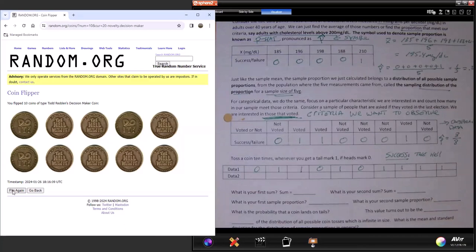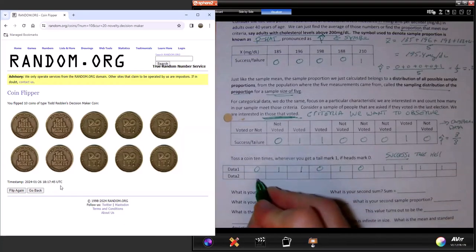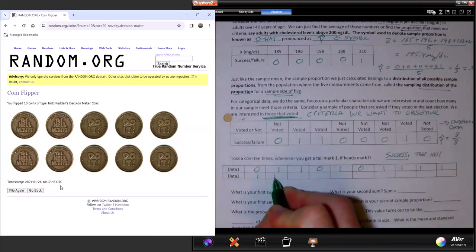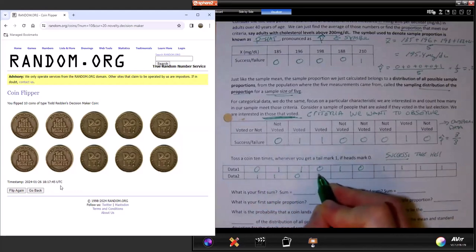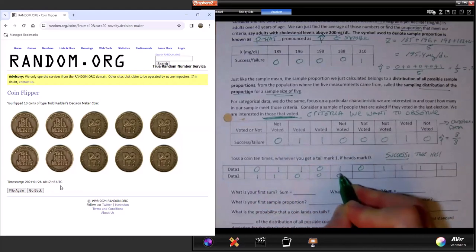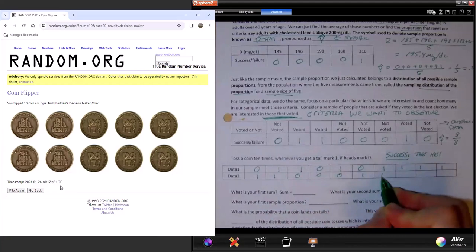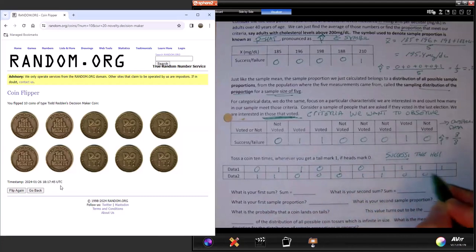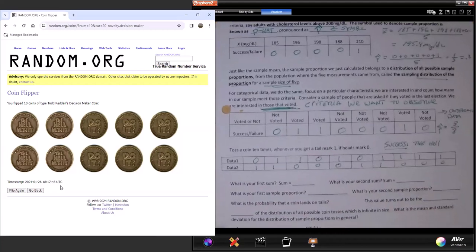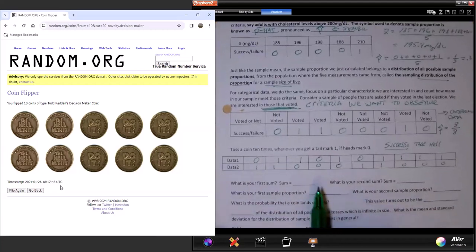If I flip again, well, what do I get this time? I got success, success, failure, failure, failure, success, success, and failure, failure, failure. Okay. So what is your first sum? So my first sum, I got 1, 2, 3, 4, 5, 6, 7.